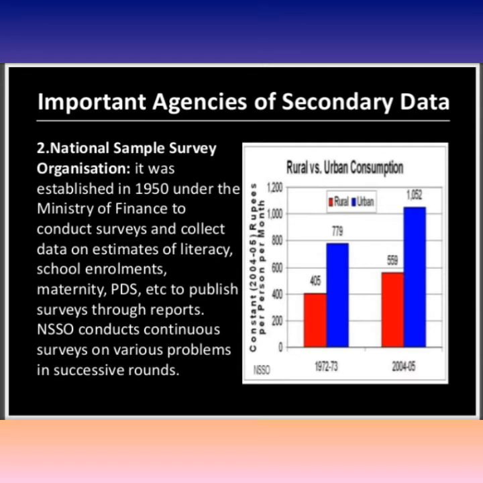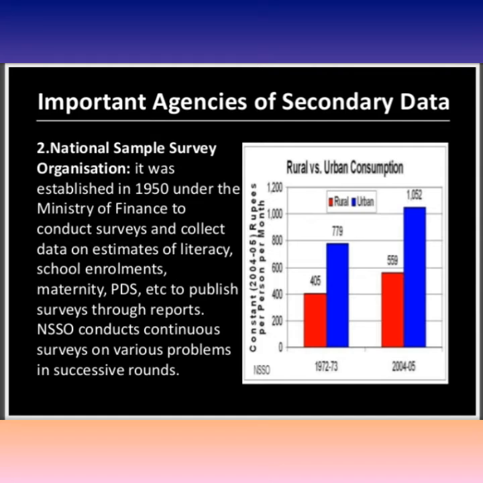Then, which is the second important agency of secondary data? That is NSSO, the National Sample Survey Organization. It was established in 1950 under the Ministry of Finance to conduct surveys and collect data on the estimates of literacy, school enrollments, maternity, PDS, etc., and to publish surveys through reports.